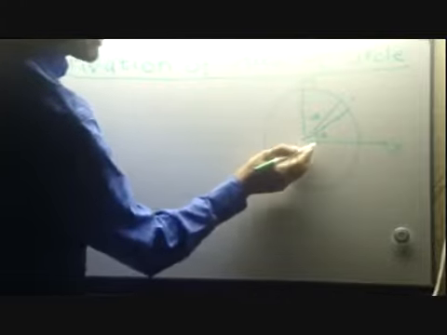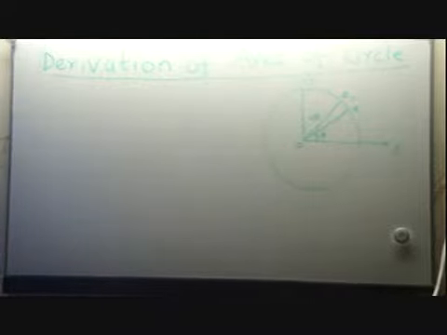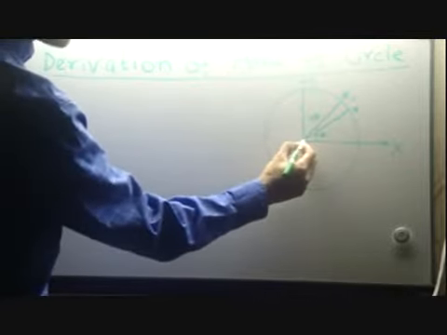Let's say theta is the angle from the x-axis to this line. So, if we want to find the area of this complete circle, we can divide the whole circle into very small pieces of this triangle, starting from here.